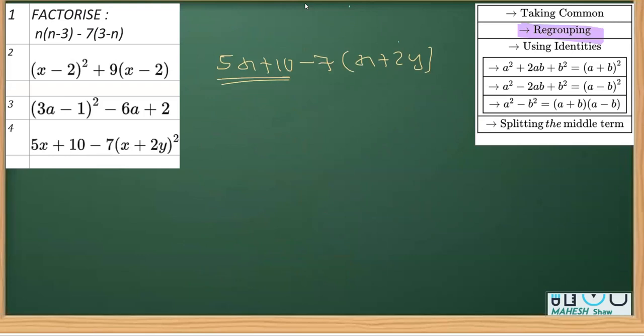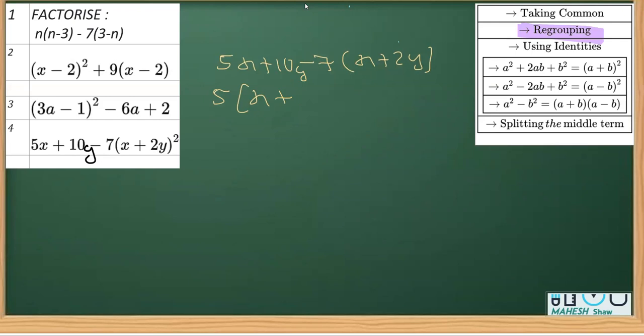If I take out 5 as common from here, we'll get the same term as x + 2y. So I'm taking 5 common from the first two terms, dividing by 5 we'll get x, and dividing by 5 we'll get 2. Well, there was some problem with the question while copying; it was y actually, so I should write y here.